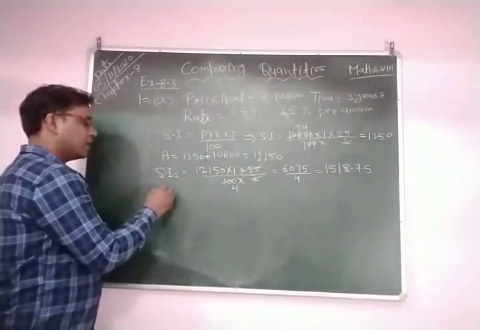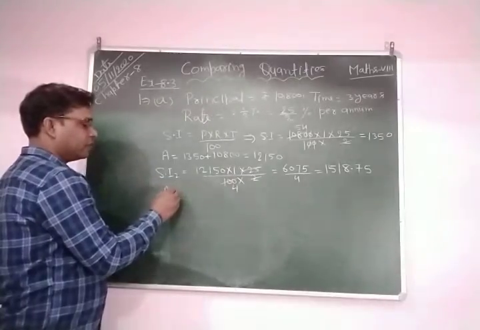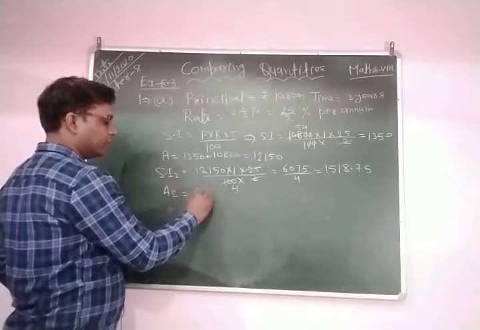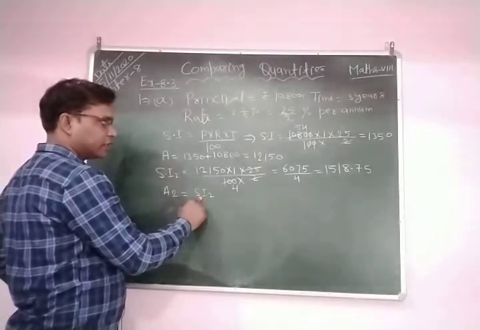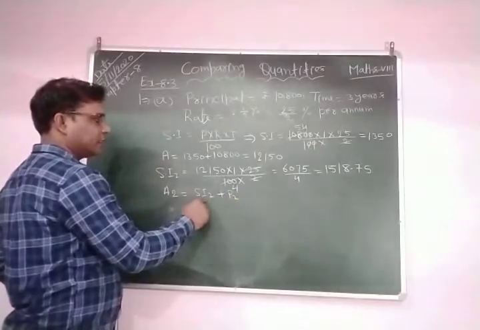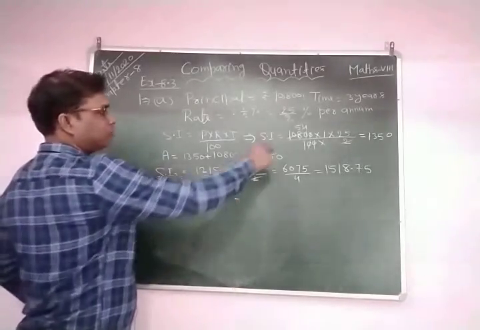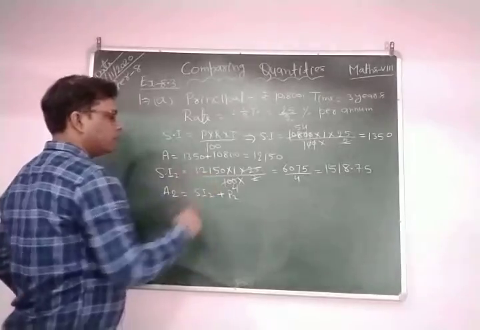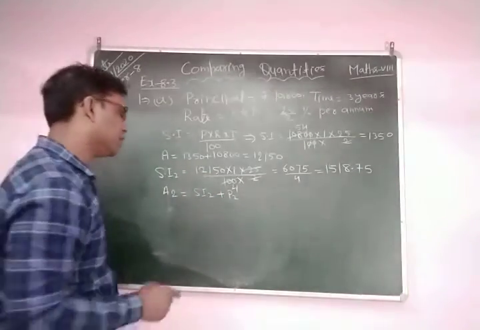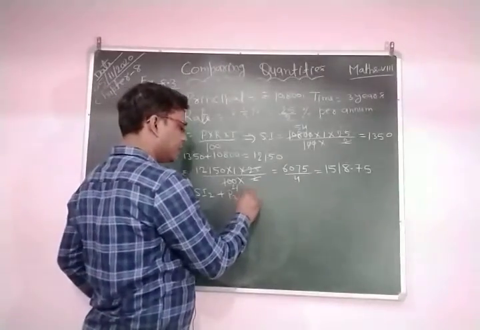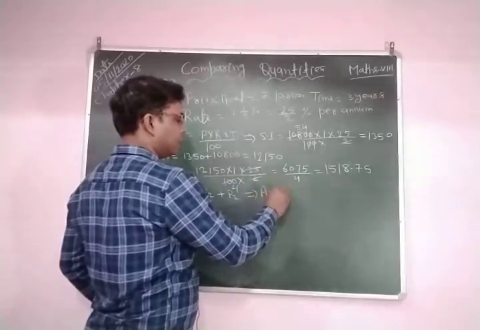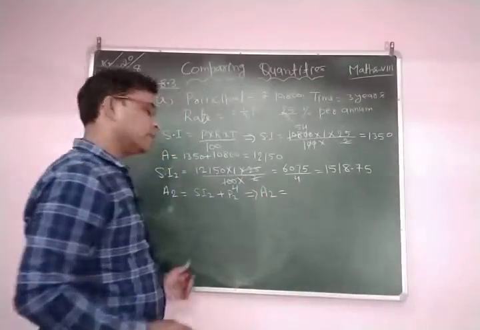If you write here amount for second year, this is equal to SI2, interest for second year, plus P2, principal for second year. Okay, this is principal for first year, this is principal for second year. So you can add them, then you obtain amount for second year.